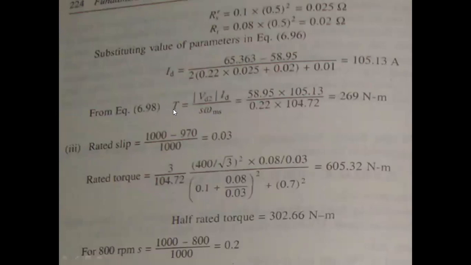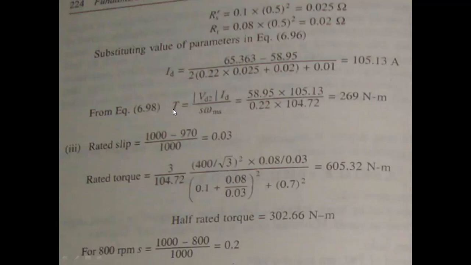Into ID is 105.13 divided by slip is 0.22, and omega ms, if you take the synchronous speed as 1000, is 1000 into 2 pi by 60, that is equal to 104.72. That gives the torque value as 269 newton meters.